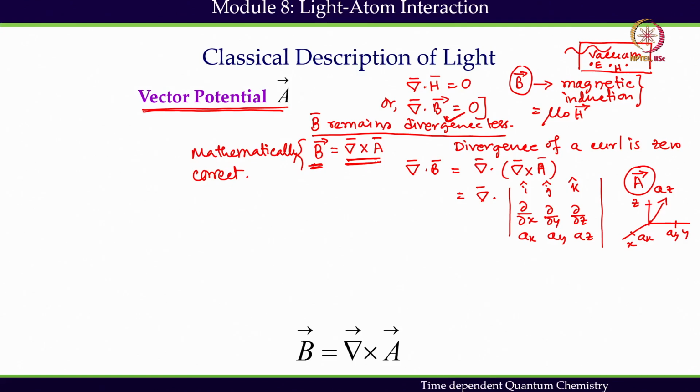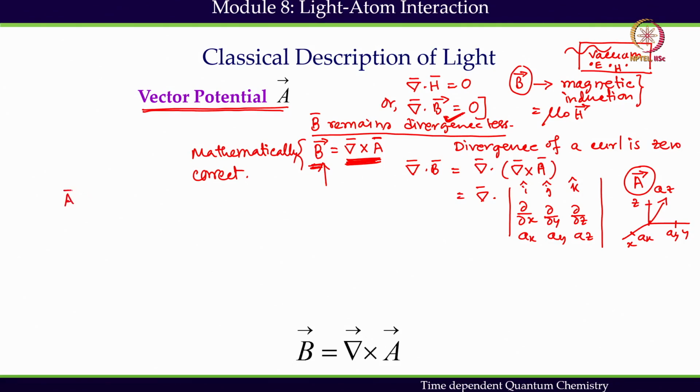It comes from the fact that because B has to be divergenceless, B can be expressed in terms of a curl of A. So, it is mathematically correct, and this A is called vector potential, which is representing the magnetic field. So, the potential associated with the magnetic field is actually the vector potential, and at this point we can assume that A is just a mathematical function whose curl is B.